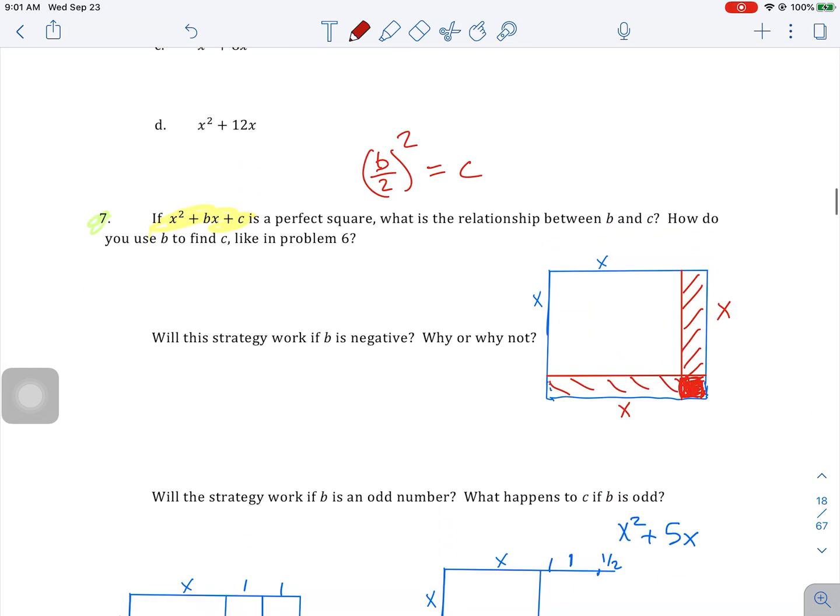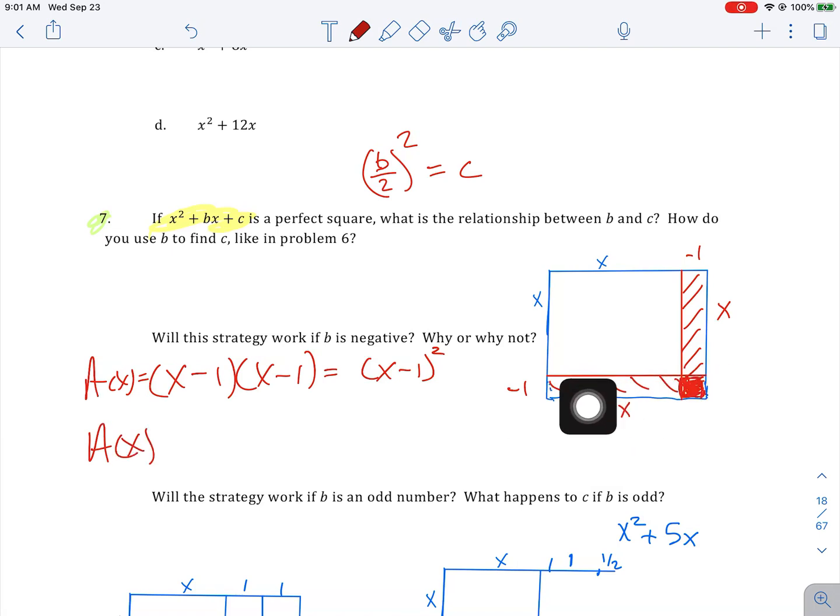But does it work if you have a negative? So in this one, you can imagine you're subtracting 1 from both sides, right? So you're going to have x minus 1 times x minus 1 is the area, which is the same as x minus 1 squared. Okay, that's base times height, but does the model show that? Does it work? Well, before we took away this layer and this layer, we started with x squared.